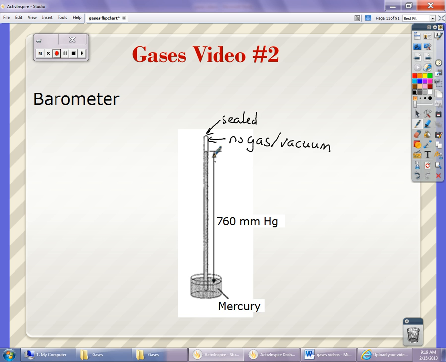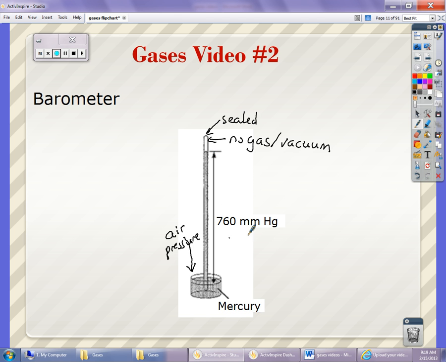By having the mercury inside the tube, you could figure out how much pressure it took for a normal day to be pressing down here. So the atmospheric pressure is pressing down. There's a certain amount of pressure there. And it forces the mercury up into the tube to a certain distance.